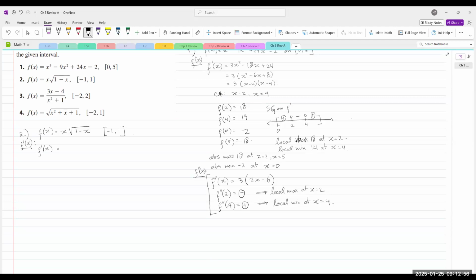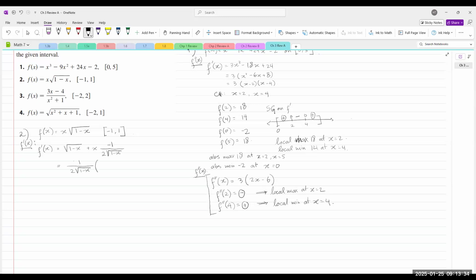Okay, so this will be, by product rule, square root of 1 minus x plus x times 1/2 brought to the power of -1/2. Let me just write it underneath. And then the derivative of the inside is -1. So this is equal to, if I factor 1 over 2 square root of 1 minus x, I write it down.